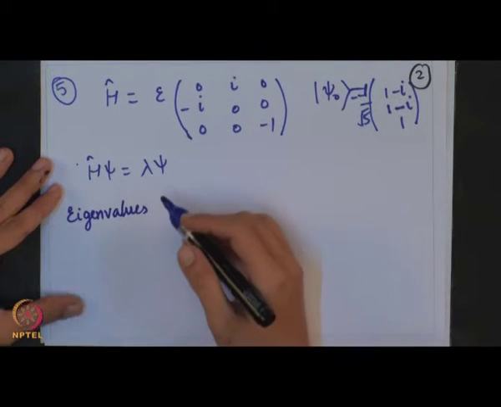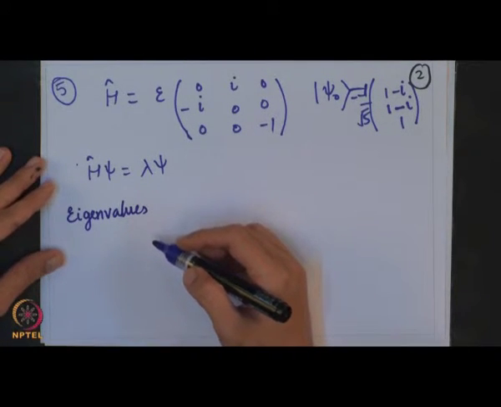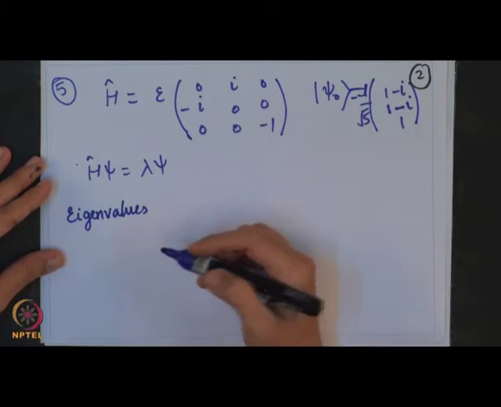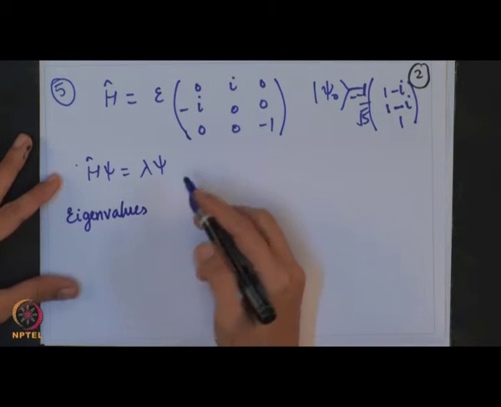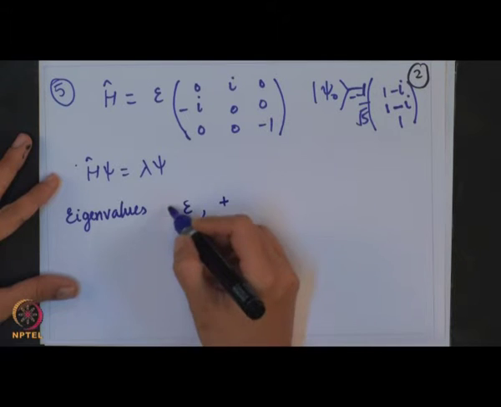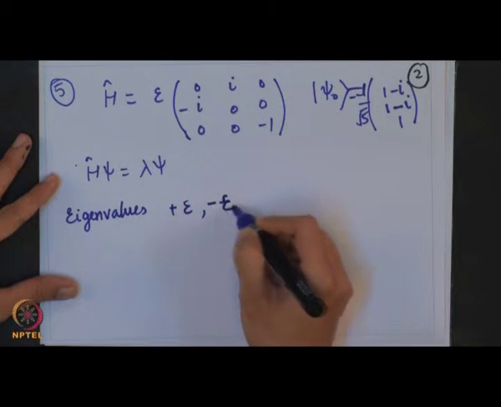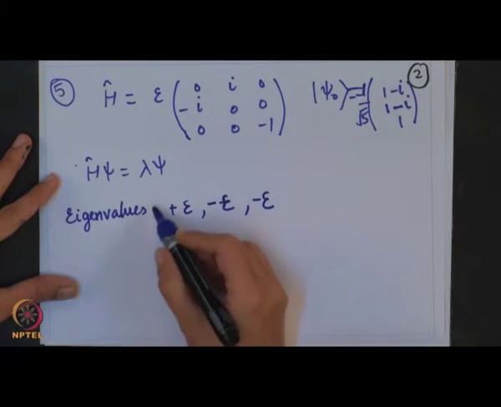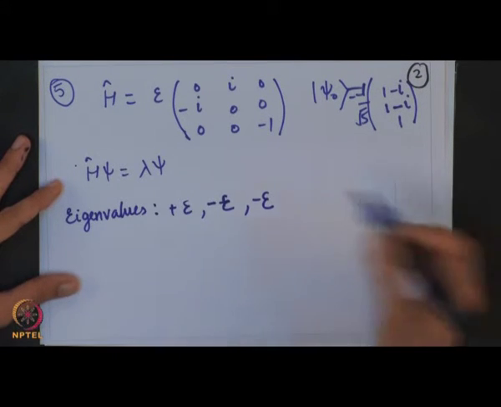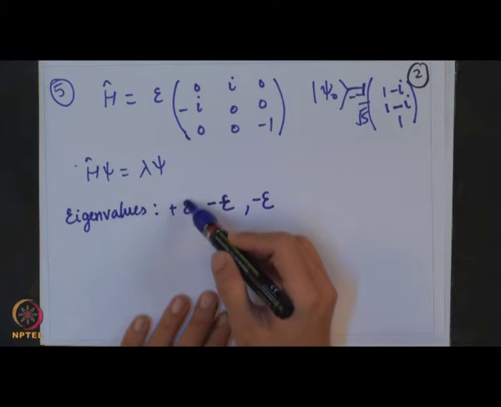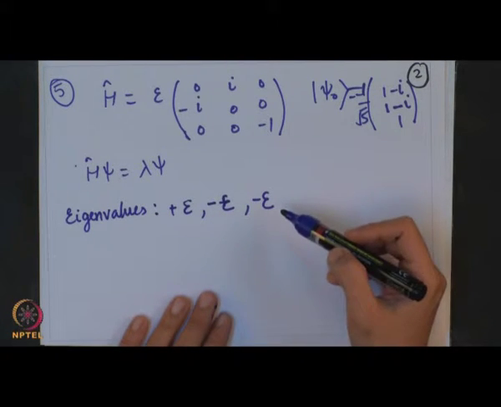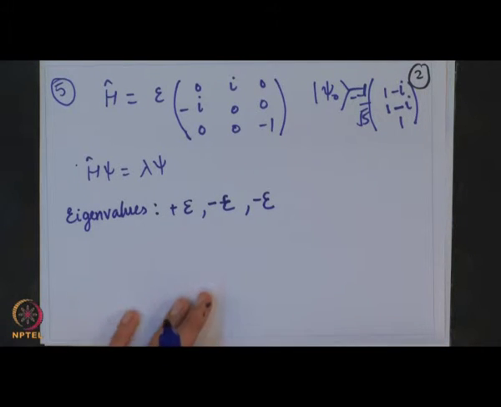By now you have mastered the way to calculate the energy eigenvalues and eigenvectors, this is what I hope, and by looking at the matrix you can guess plus epsilon, minus epsilon and minus epsilon. These are the energy eigenvalues. So, you can see from here that epsilon, minus epsilon are the energy eigenvalues.